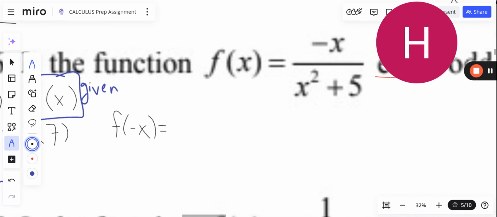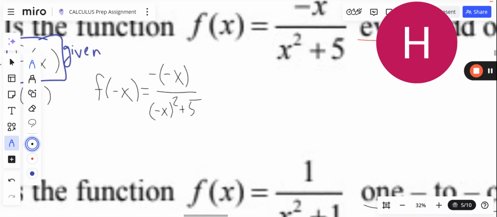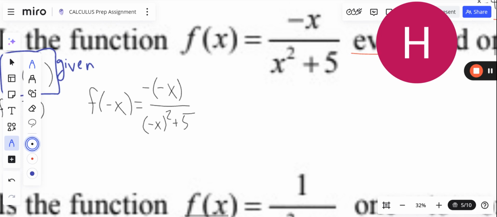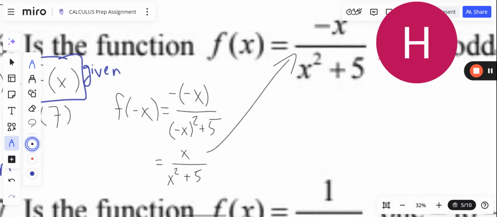If I plug in negative x, then that means everywhere I see x, I'm going to replace it with negative x. There we go. And what do you notice happens? Well, if we do negative x, of course, that gives us the positive. But on the bottom, when we square something, it just stays positive or becomes positive if it were negative. So now this becomes x squared plus 5. And you'll notice this is not the same thing as that.